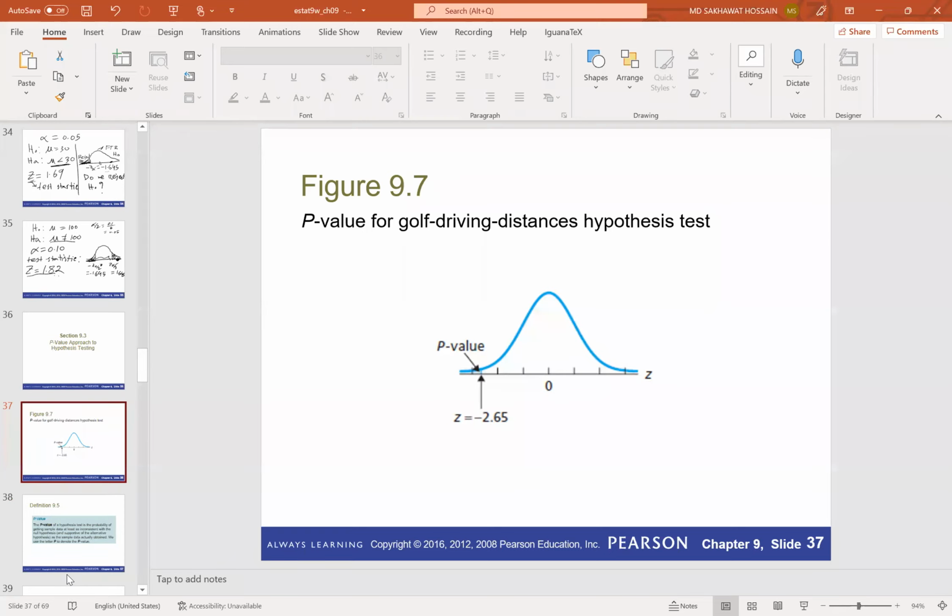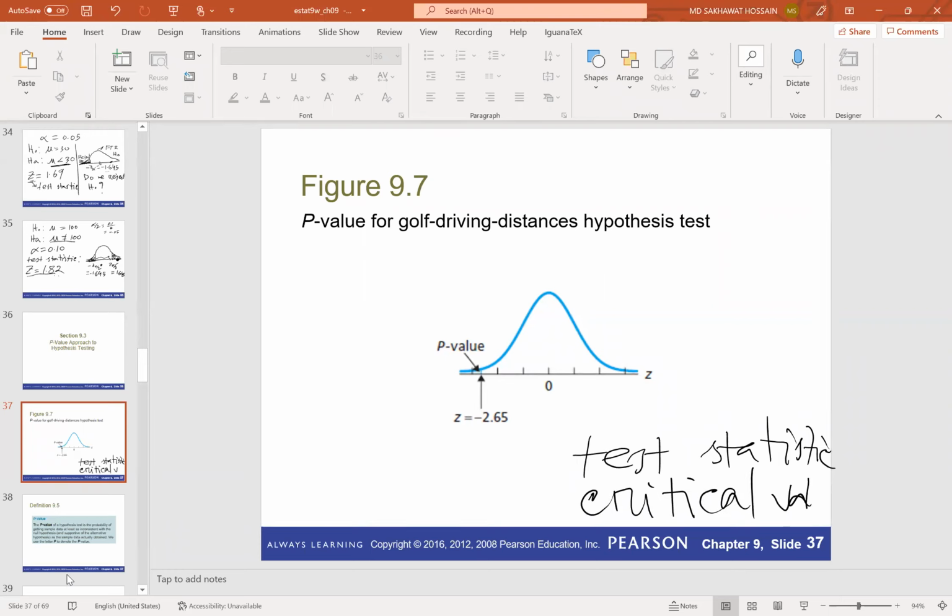This is called the p-value approach. In the critical value approach, we just compared the test statistic and the critical value, but for the p-value approach, we'll calculate the p-value and compare it with alpha.